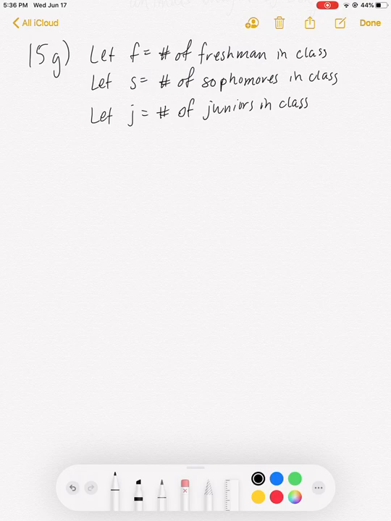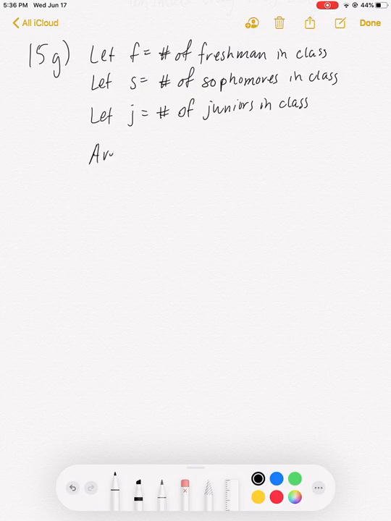Okay. So we're going to say, the next piece of information they give us is average. The average number of times a typical student visits. So let's see here.